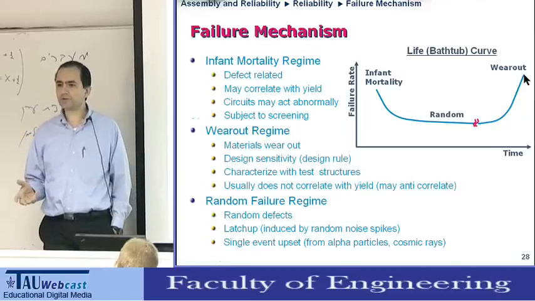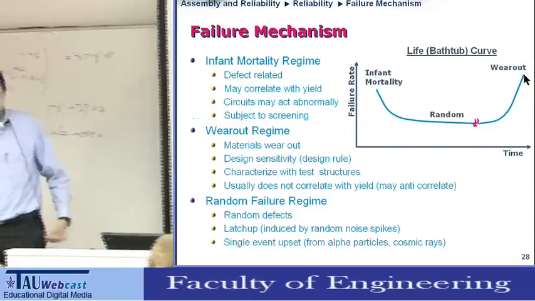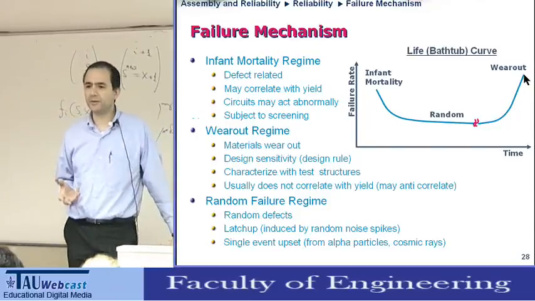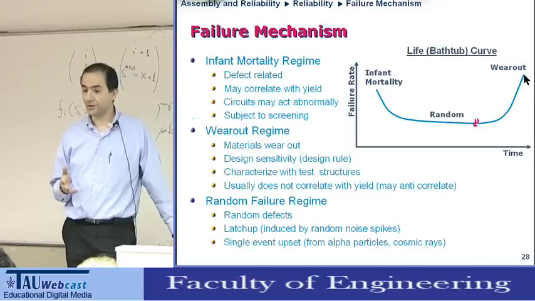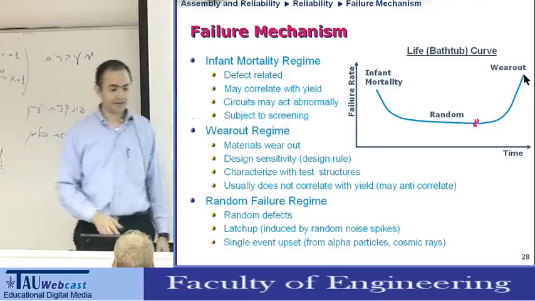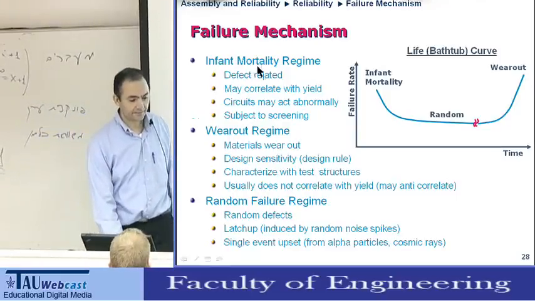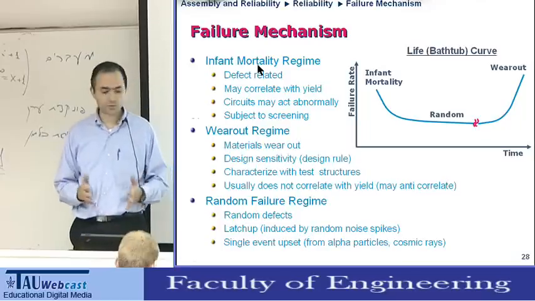So one way to make sure that you don't get a part with problems is to get a part that someone used for some time. Okay? And then you know it is already screened for infant mortality. So infant mortality relates to yield, okay, because it's related to quality.